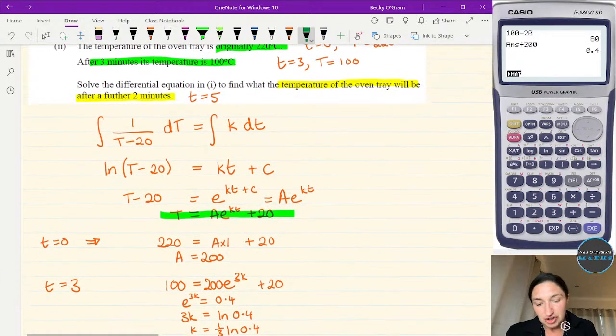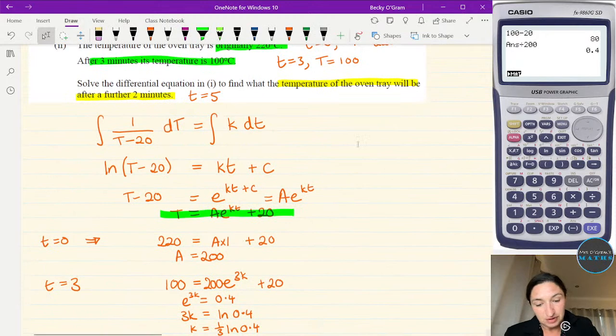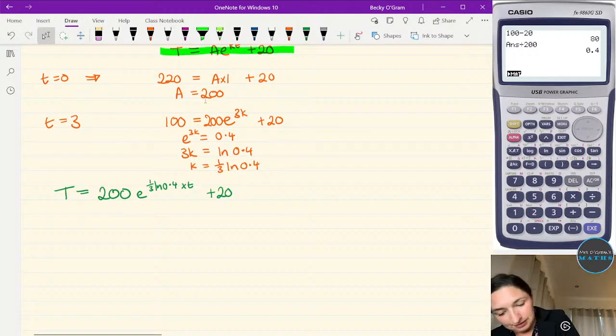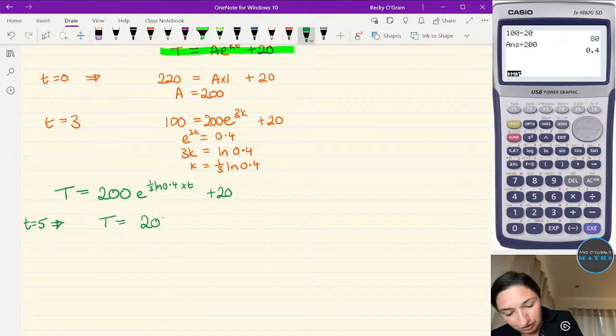And the question asks us to work out the temperature it will be when t is 5. So if t equals 5, we're going to have 200 e to the 1/3 natural log 0.4 times 5 plus 20, and over to the calculator.